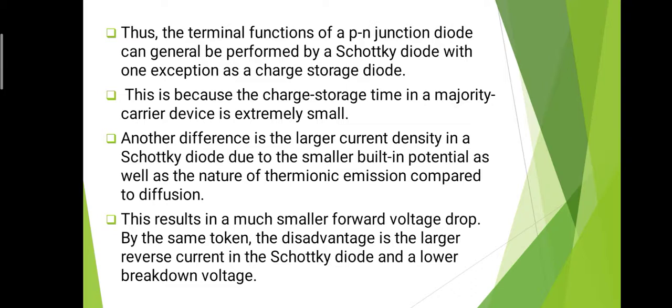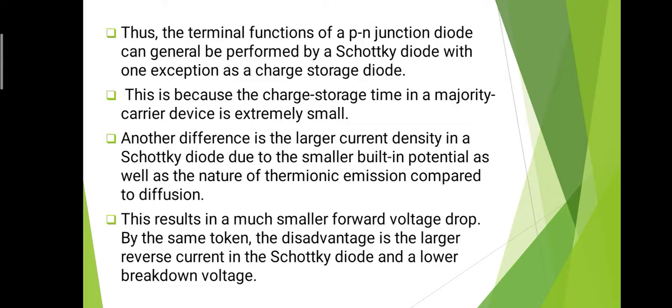That means there is a difference between the thermionic emission nature and the diffusion nature. This results in a much smaller forward voltage drop.